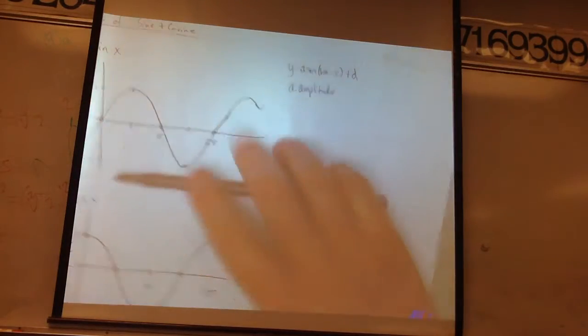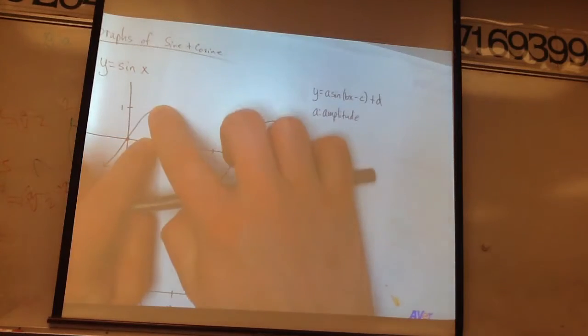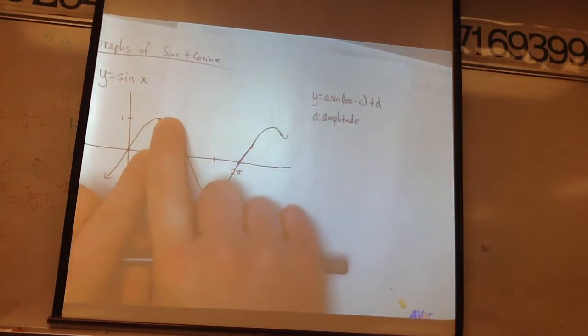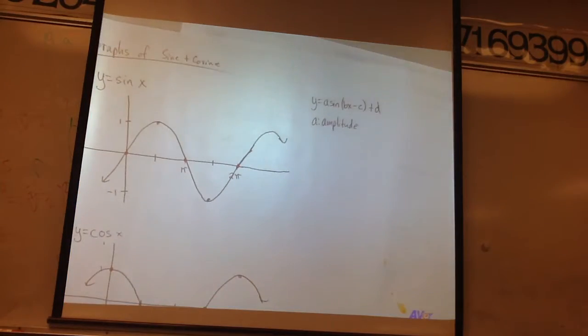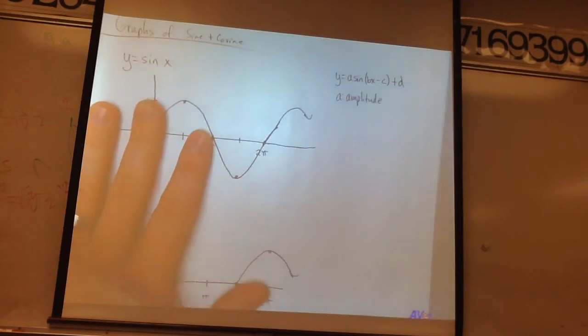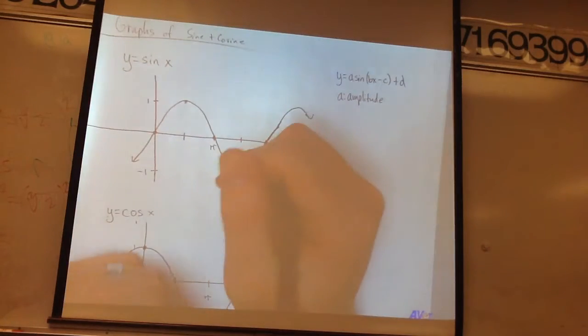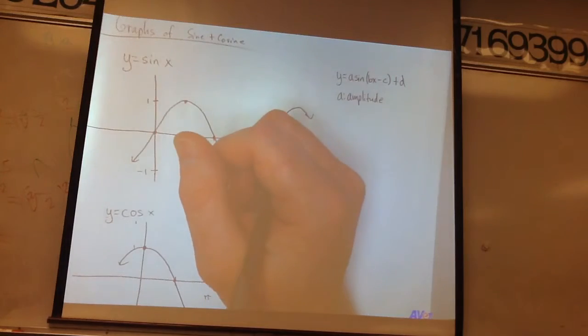These all have a center line, in this case it's right here. It's from here up. So right now, when you have just sine of x, a is 1, the amplitude is 1. It goes up 1 and it goes down 1 from the center line. That's amplitude. So the number in front just tells you how tall the hills will be, or how low the valleys will be.